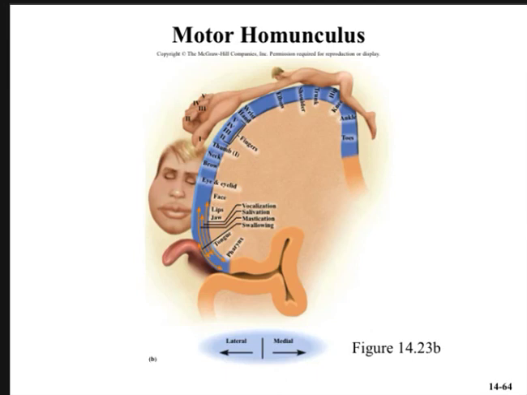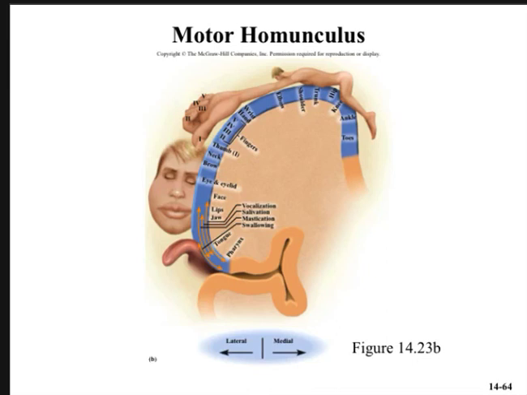This is in the frontal lobe, and what we're looking at in this coronal section through the precentral gyrus are those portions of the cortex that are dedicated to sending motor commands to different body parts.